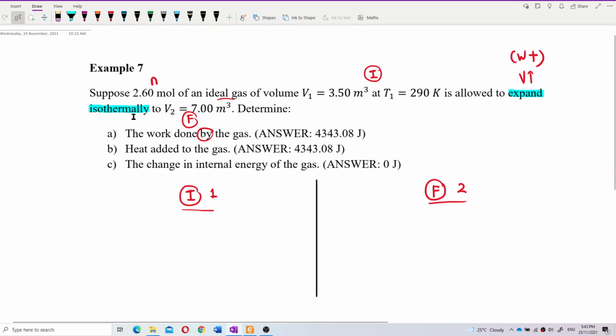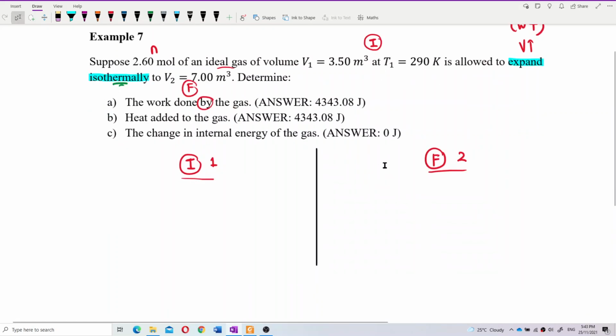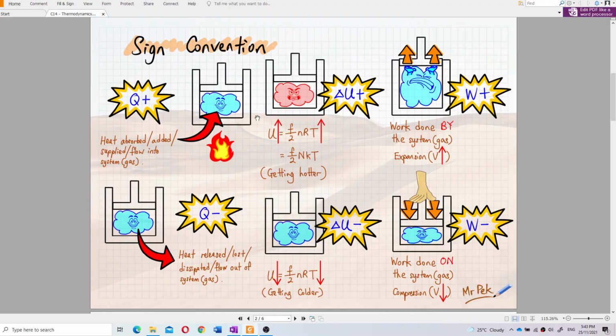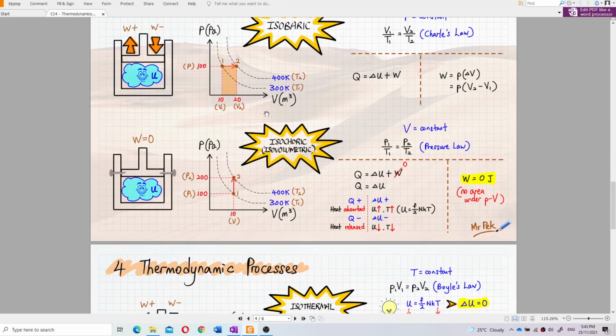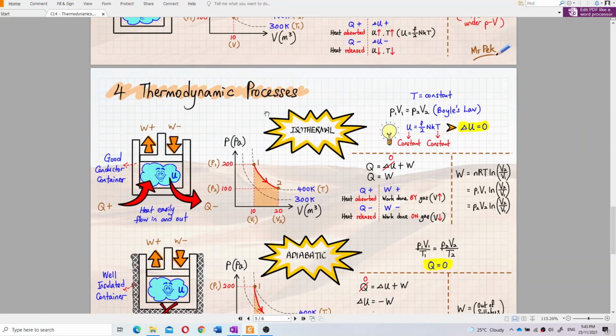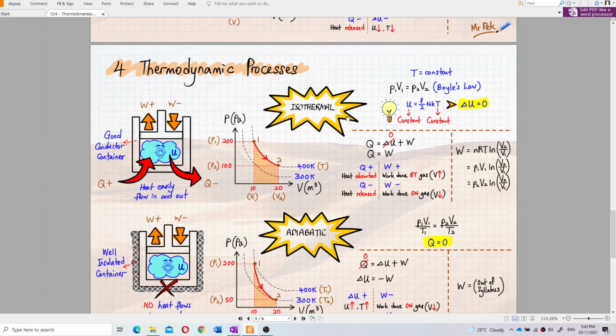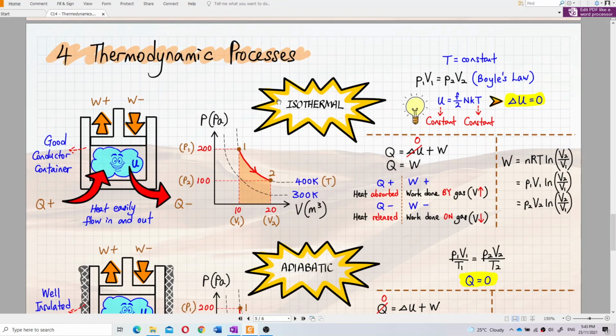Okay, this is an isothermal process. This is important. So what do we know about isothermal process? We should list down what we know. Isothermal means temperature is constant.